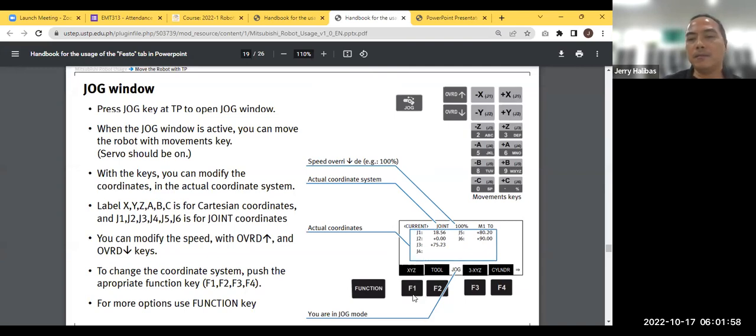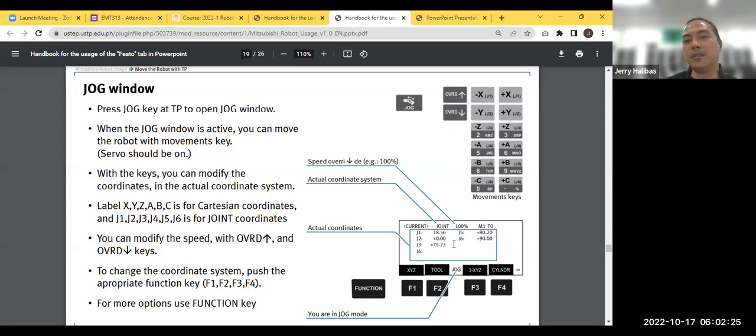If you're going to XYZ, click F1. Don't click F2 because that is tool, not F3 because that is 3XYZ, and not F4 because that is cylinder, in which the robot is not a cylinder, it's an articulated robot. So when you click XYZ, the next one you will see is joint.